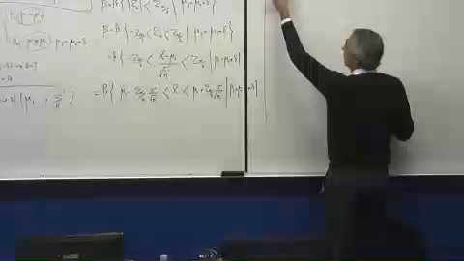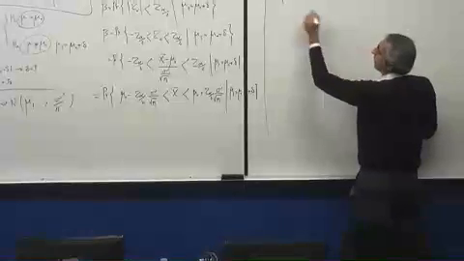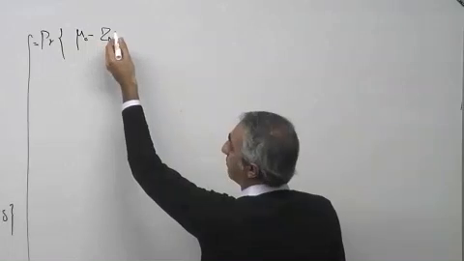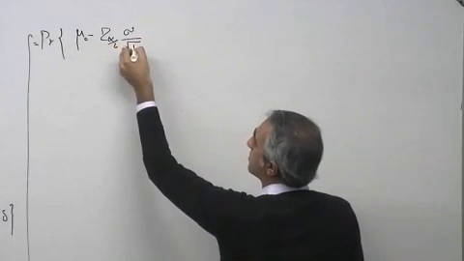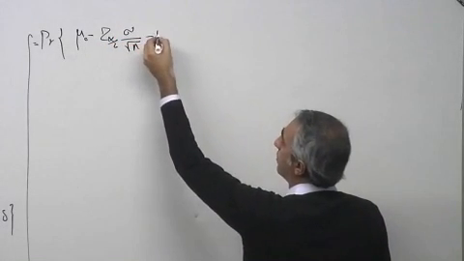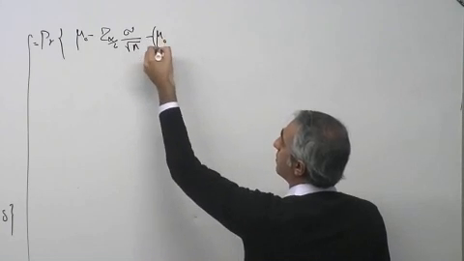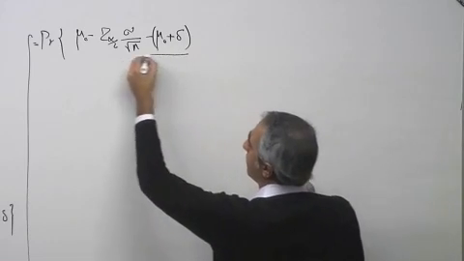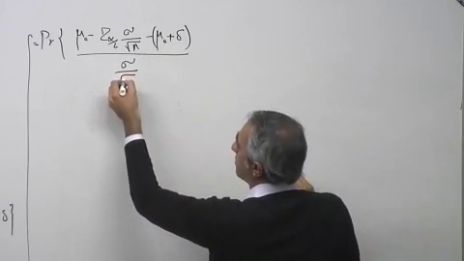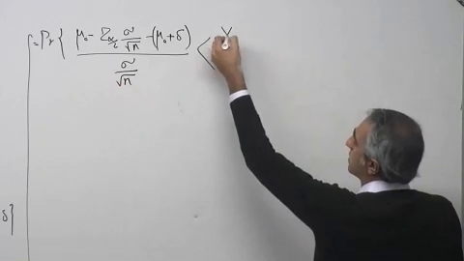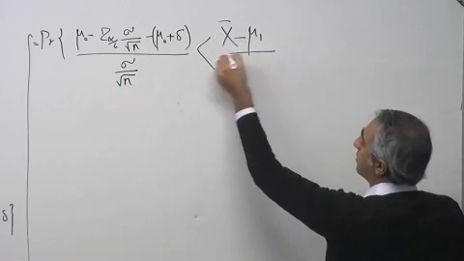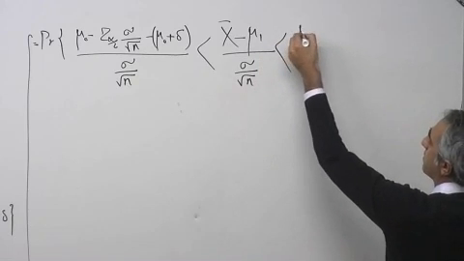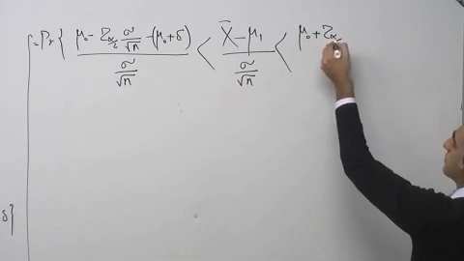It's the probability of mu0 minus z alpha over 2, times the standard error, minus mu1, and what is mu1? Mu0 plus delta, divided by the standard error. So it's x bar minus mu1 divided by the standard error, and that's the same thing with positive sign.